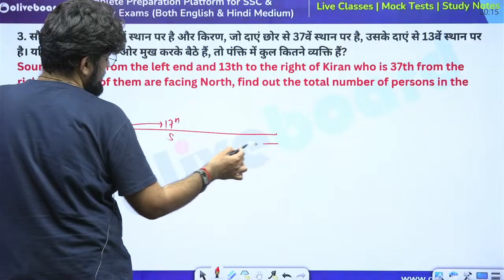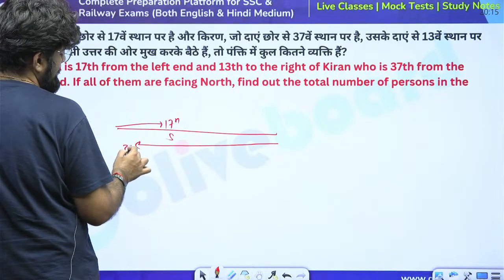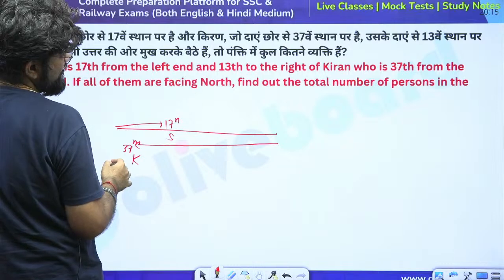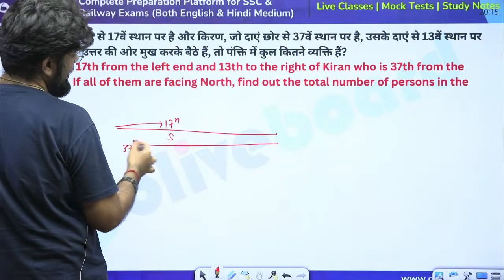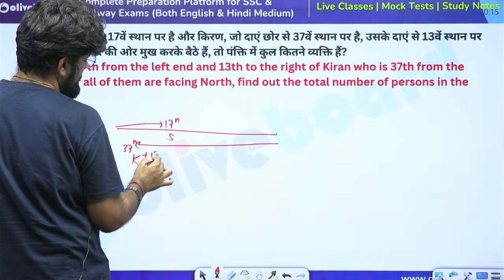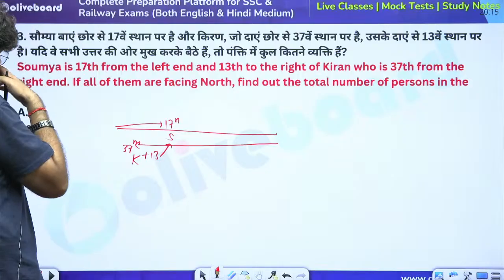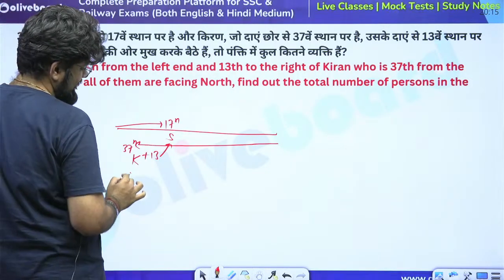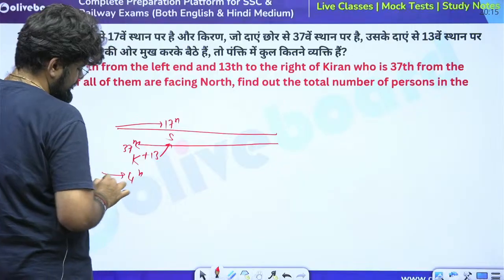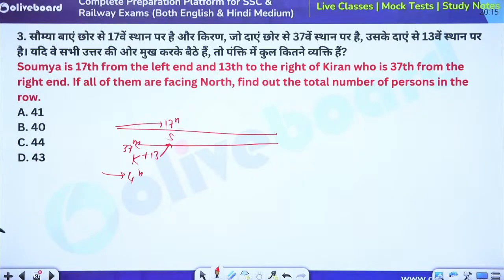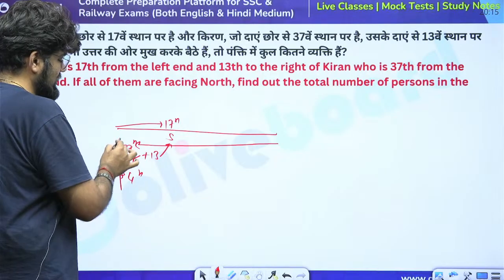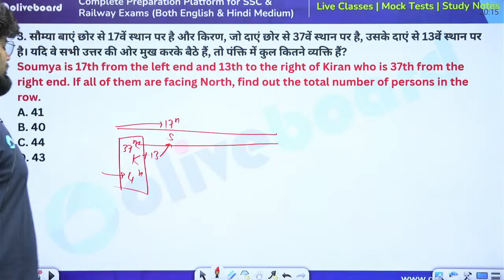If Kiran is 37th from the right end and Soumya is 13th to the right of Kiran, so something x plus 13 is 17, right? So what is x? Kiran is 4th from the left. The question is asking you if all of them are facing north, find the total number of people in the group. So it has to be 37 plus 4 minus 1, that is 41 minus 1, 40.